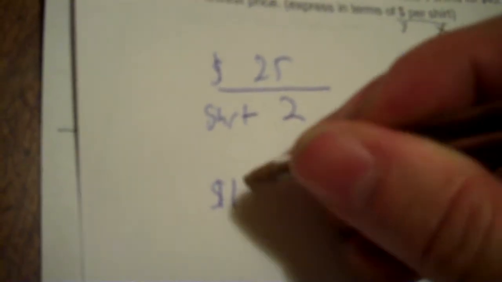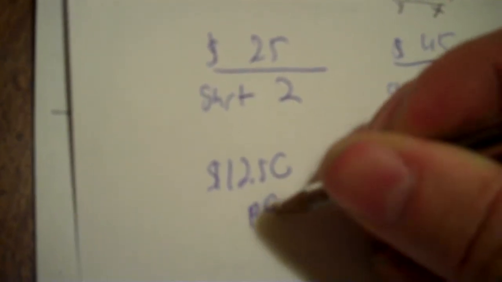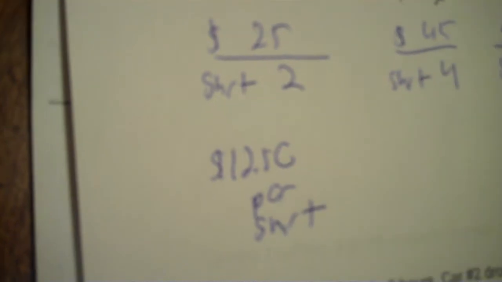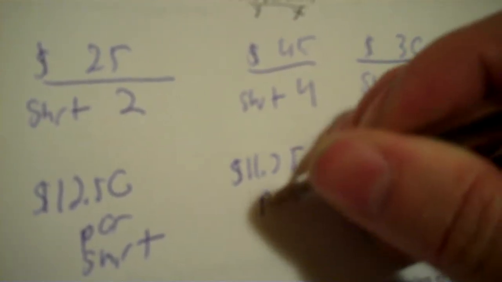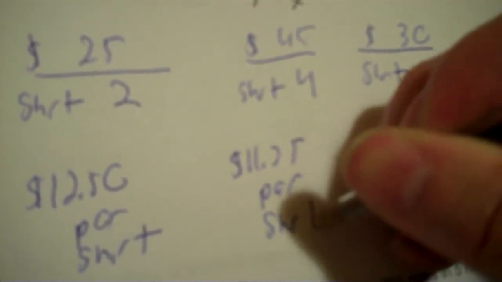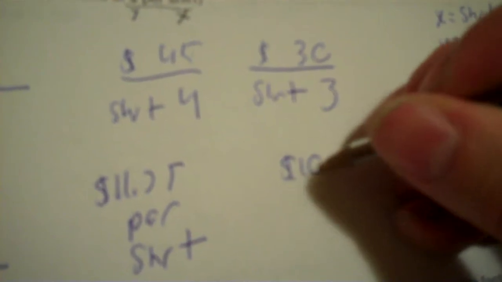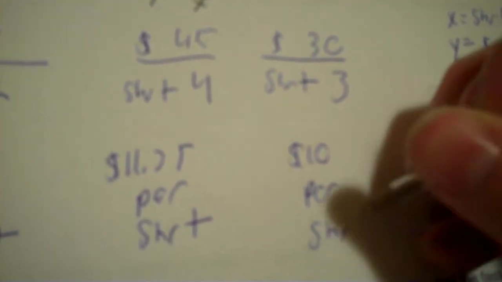So I divide that, that's 12.5, but that'd be $12.50 per shirt. That's how much one shirt would cost. 45 divided by 4 is 11.25 per shirt. That's $10 per shirt. So I think store C is the best, so C.